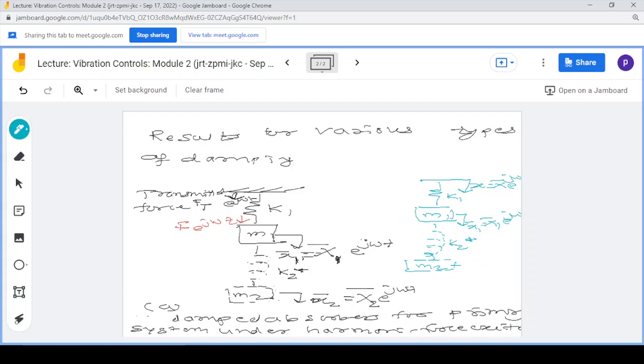Okay, let us consider x2 bar equals x bar e raised to j omega t. So this is a system under the base excitation. You can see that the base is getting excited in this case.